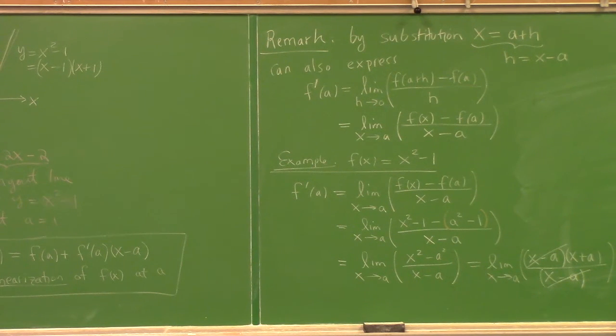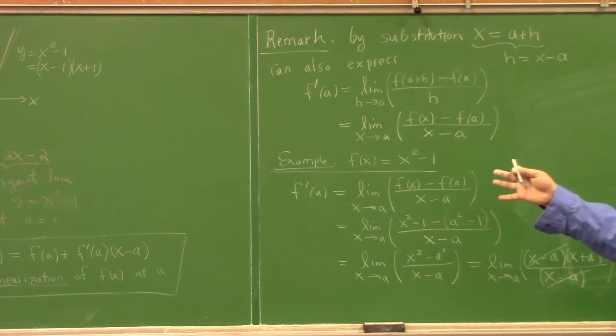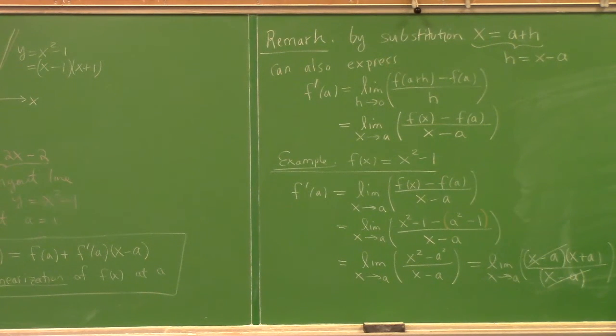This is a kind of funny thing. What's more trouble? To calculate the slope of the tangent line at a specific given point like 1, or to calculate the slope of the tangent line at an arbitrary point a? It's the same calculational trouble. So as a general point of order, I try to mostly just focus on how to calculate the tangent at an arbitrary point, as much as I can help, because it's just the same trouble.